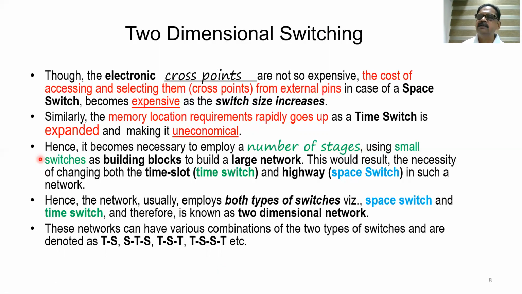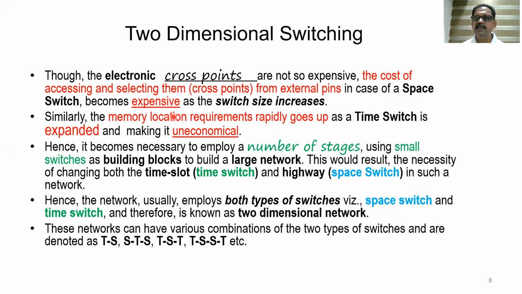Let us go through the contents of this slide. Though electronic cross points are not so expensive, the cost of accessing and selecting them, that is selecting the cross points from external pins in case of space switch, becomes expensive as the switch size increases.